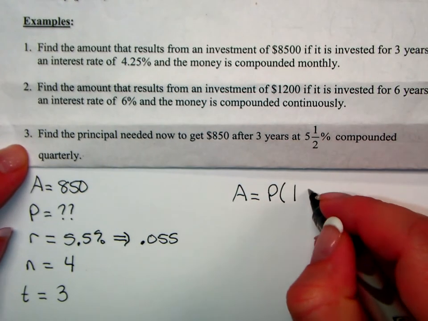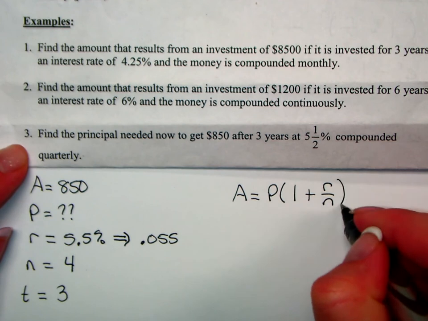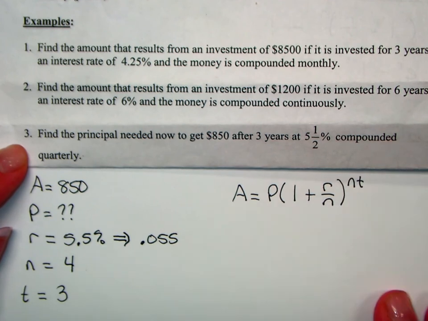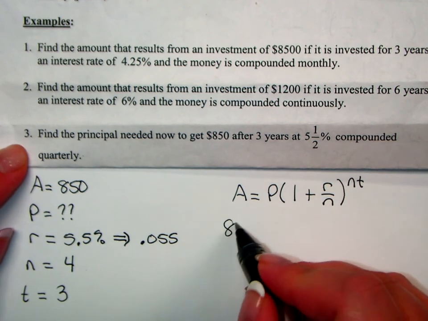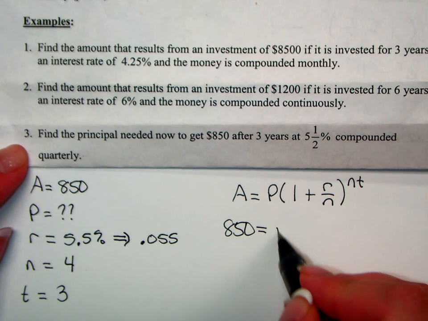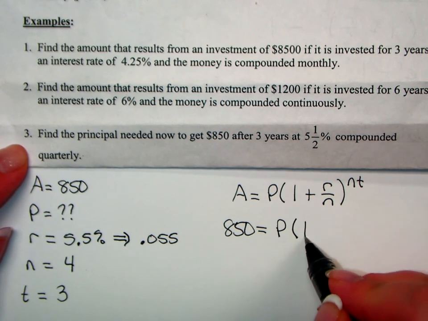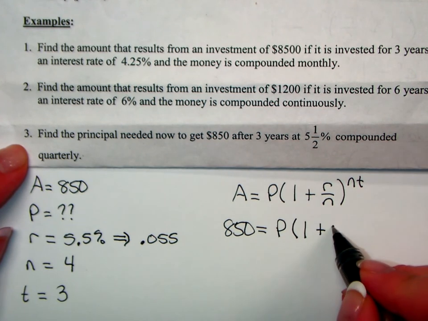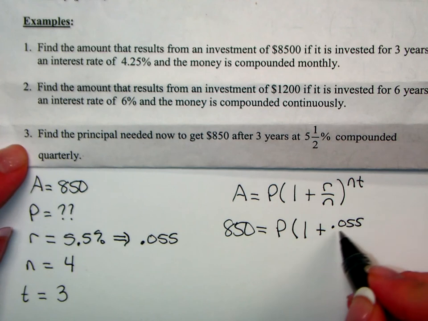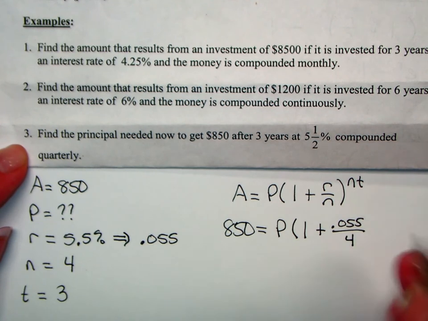I'll rewrite it for you. Here's our formula. Okay, so I have 850 equals P times 1 plus 0.055 divided by 4, right?